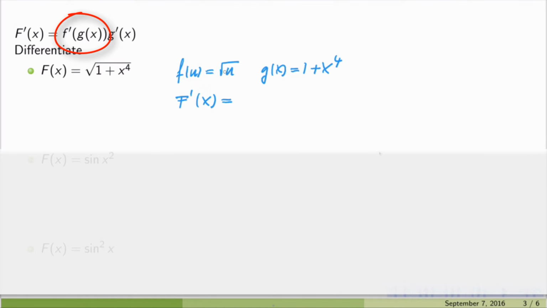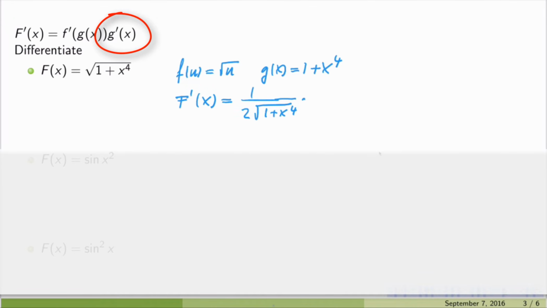Now we need the derivative of the square root, and we can use the power rule, so it is u to the 1/2. If I differentiate, I get 1/2 times u to the minus 1/2. So this is 1 divided by 2 root u. But now we are not subbing u, we are subbing the function g of x, which is 1 plus x to the 4.